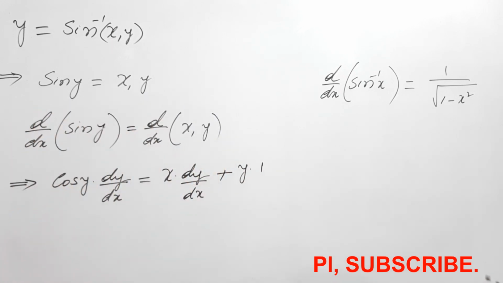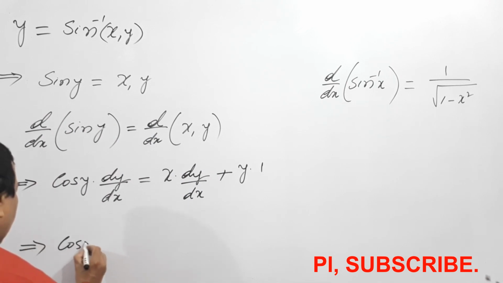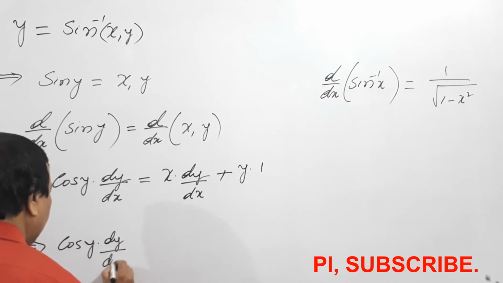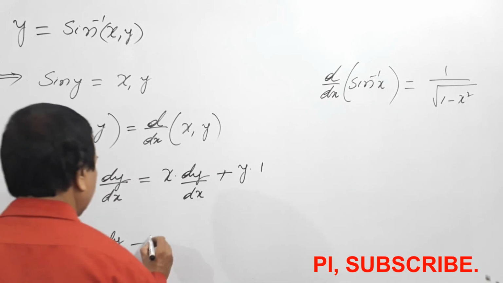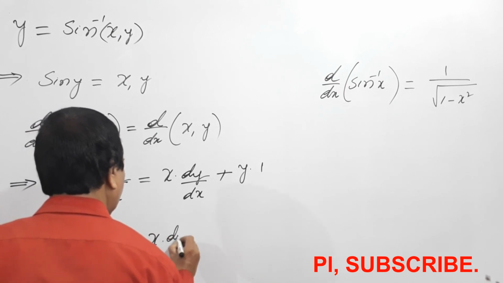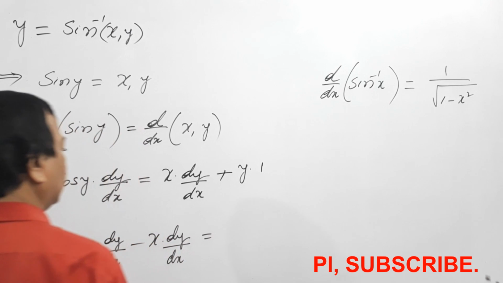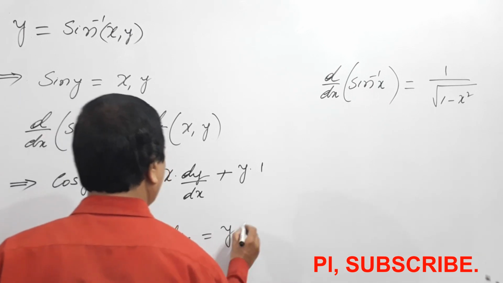Done. Now I will bring this dy by dx to the left hand side: cos y into dy by dx minus x into dy by dx equals y.